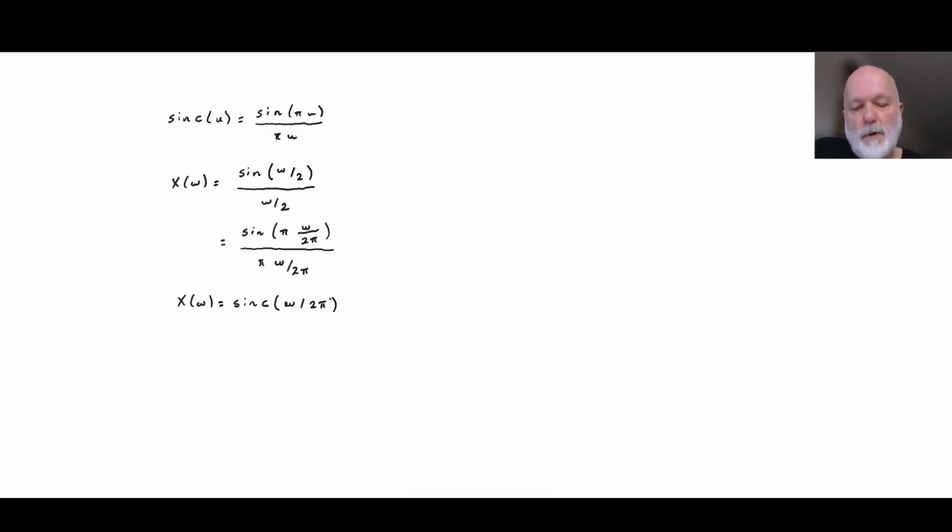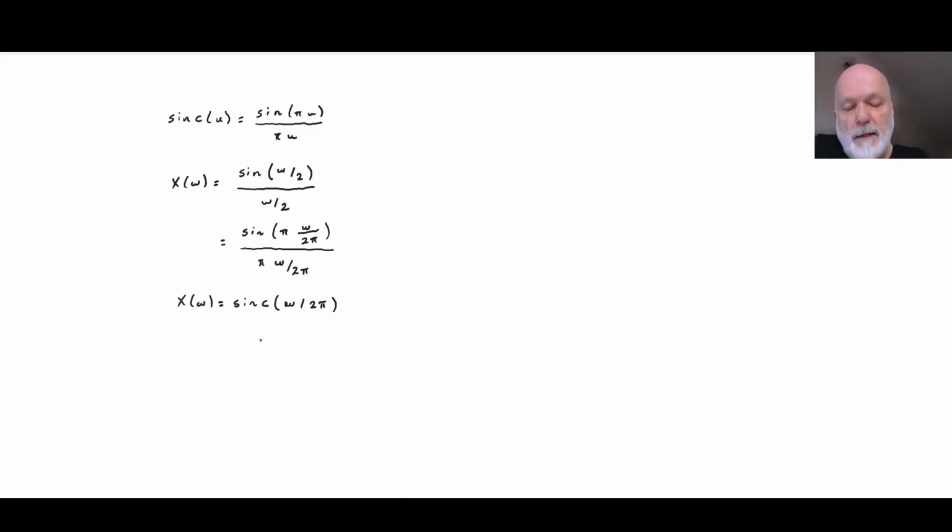Okay, so our Fourier transform of the rectangular pulse signal, rect t, is sinc of omega divided by 2 pi.